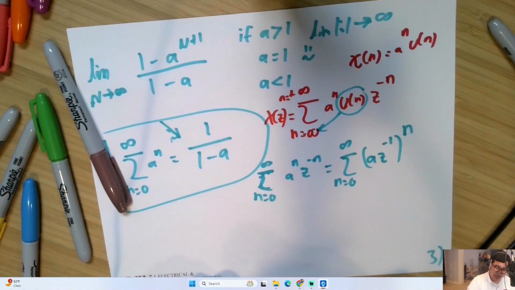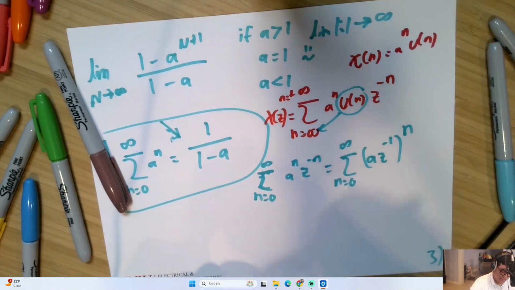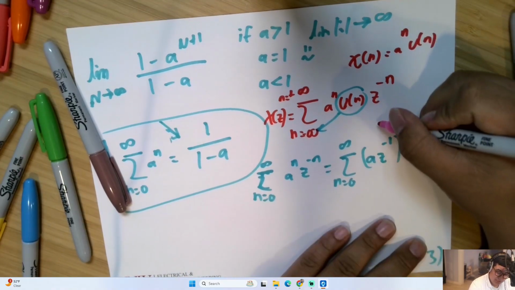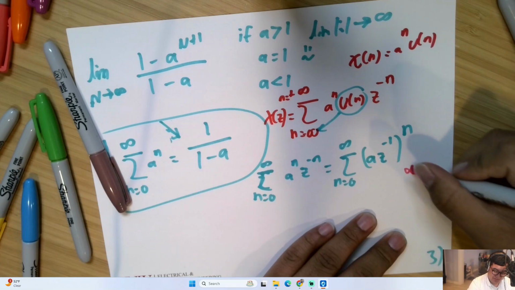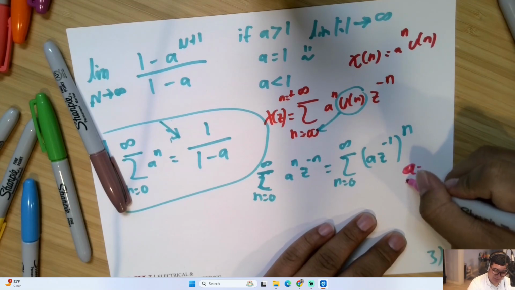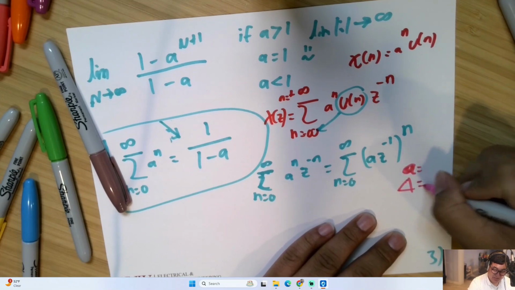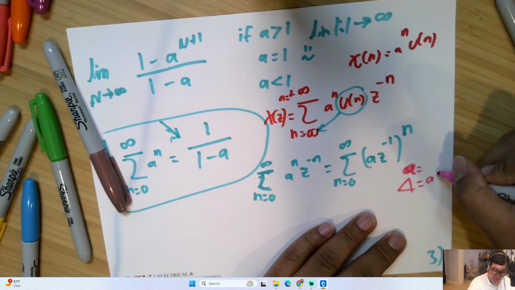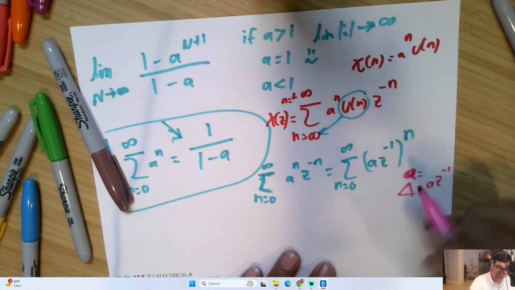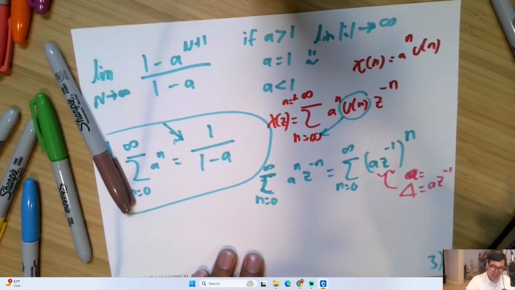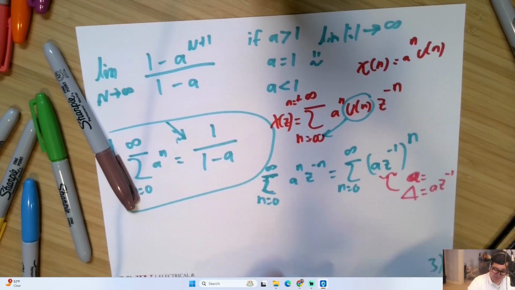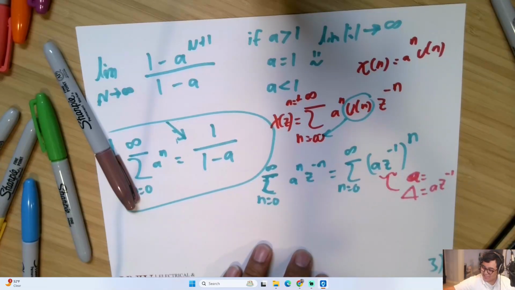If we just call a z to the minus 1 a triangle, or a fish, whatever, we can make this look like the geometric series.